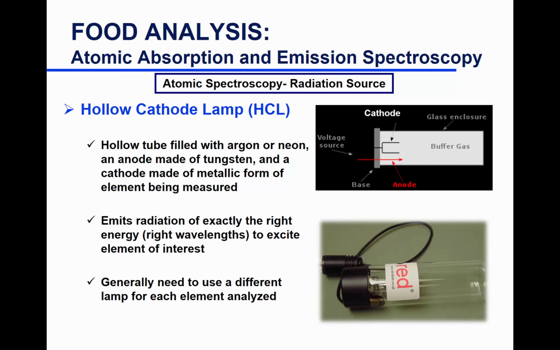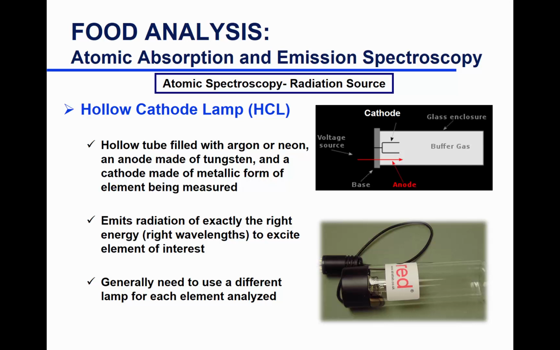So that exact right radiation or energy that will allow the atom to get excited is what we need. And often we want to change the lamp for different elemental analysis, because you need the lamp to have the cathode of the metallic form.